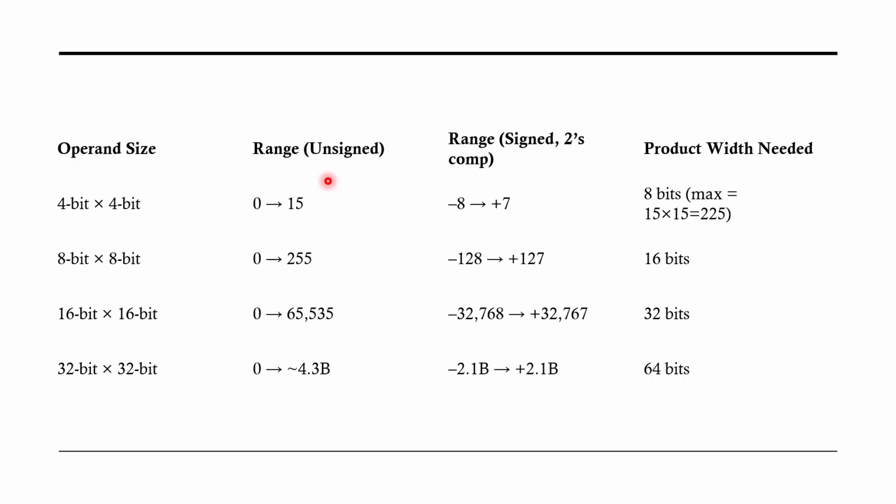If it's a range of -8 to +7, you can take 4 bits as input bits. If it is in the range of -128 to 127, then we can go for 8-bit inputs. And if it's the range of -32,768 to 32,767, then we can go for 16 bits.